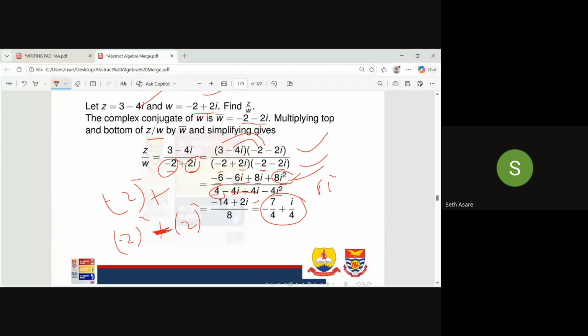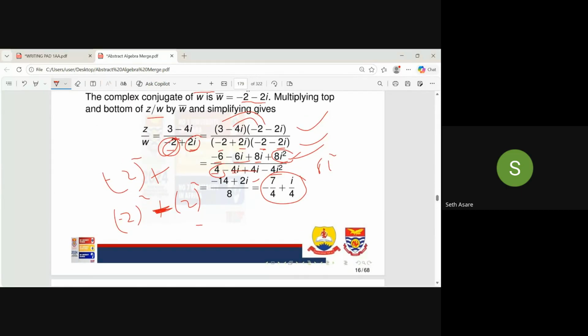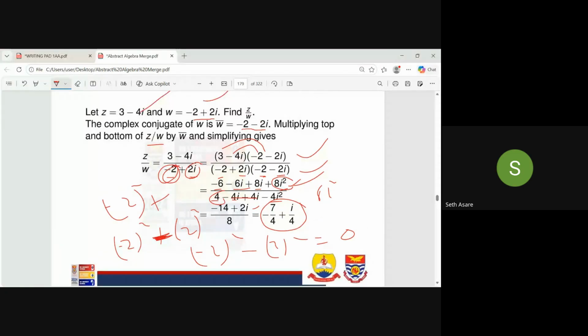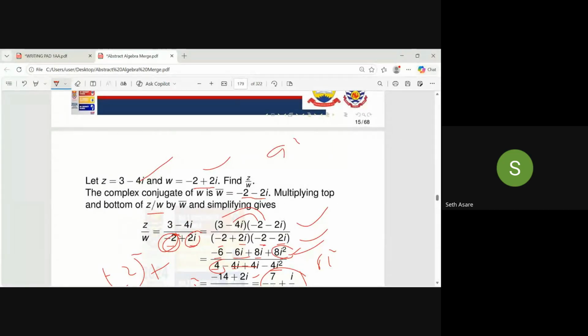If I take this one straight, like I'm not attaching i, and I square it and do minus, also this one straight, it's going to give me 0. So if I want to use the shortcut way, it is the real part squared plus the imaginary part squared. That should give me the denominator.